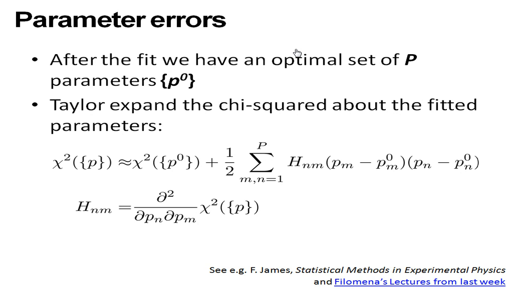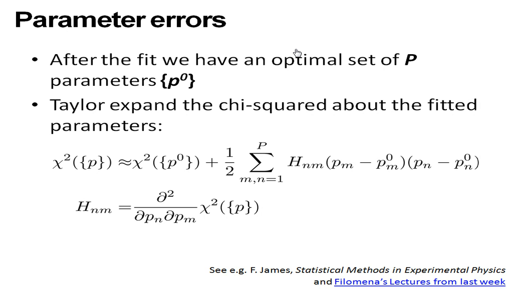So briefly, Philomena mentioned this last week, I think, or the week before even, just about parameter errors. Minuit can be used to establish what the errors on the fit parameters are. Basically, after fitting, you have an optimal set of parameters that we'll call P0, and you can Taylor expand the chi-squared about this minimum.